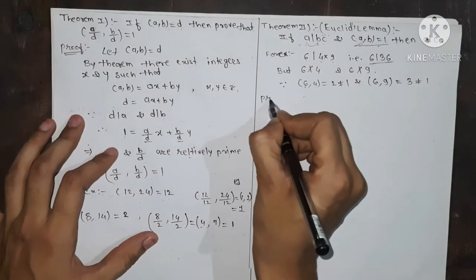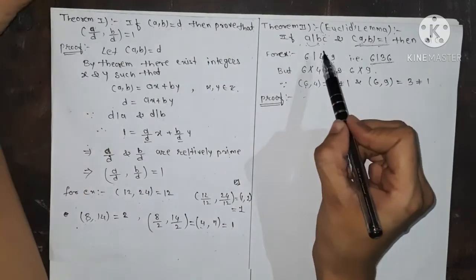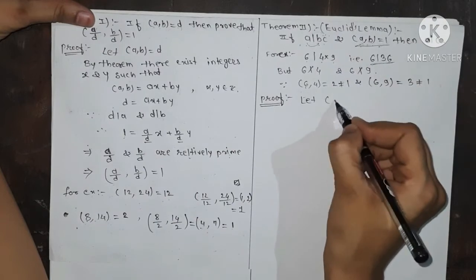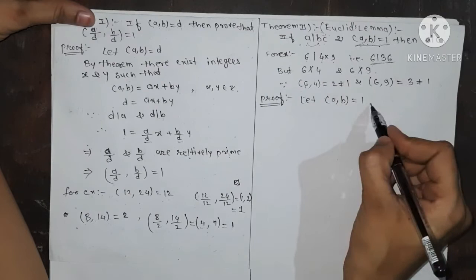We see the proof. Let the GCD of A comma B be equal to 1.